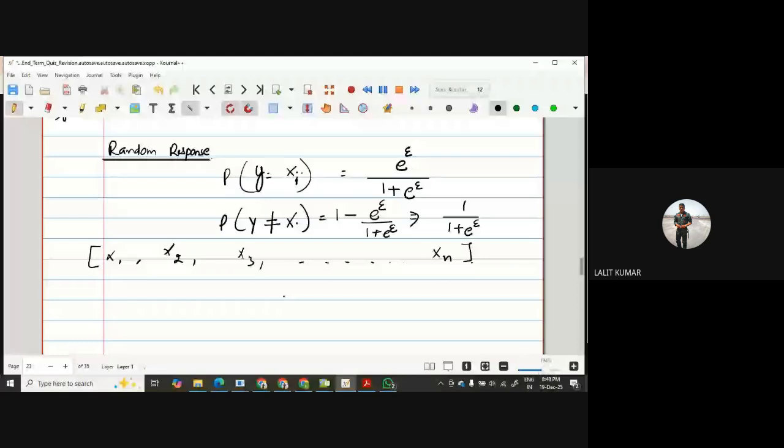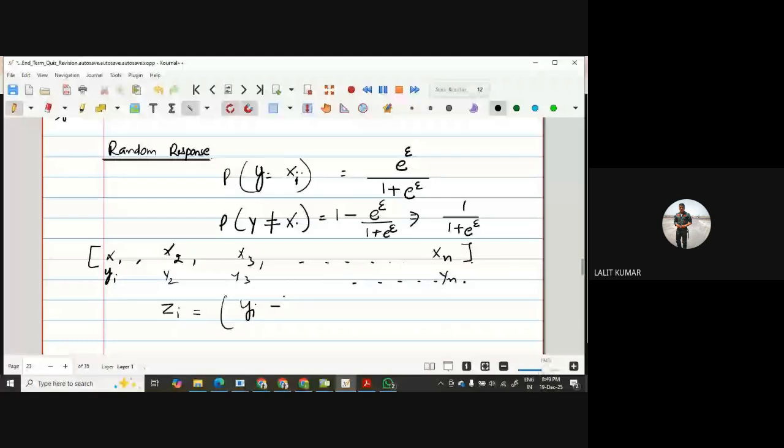Now, when we connect this, again we have got all these responses, but all of them are random. So now I make a term. I have got y's here, y1, y2, y3, and yn.